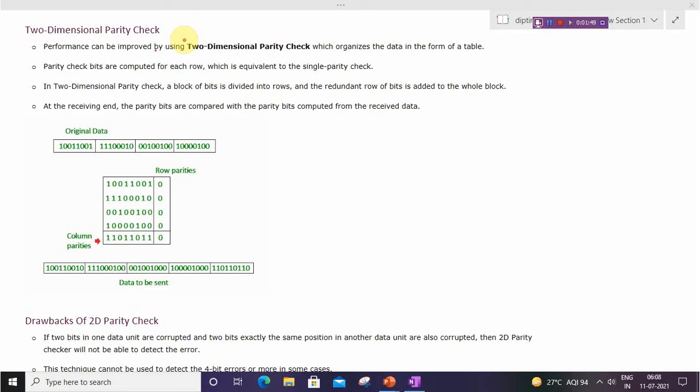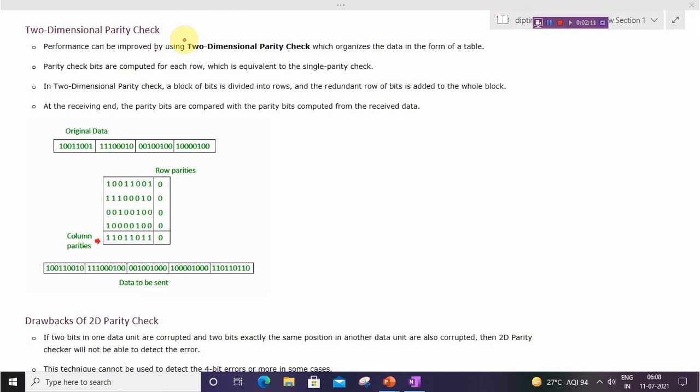Means we compute parity bits by row and also by column. A block of bits is divided into rows and a redundant row of bits is added to the whole block.